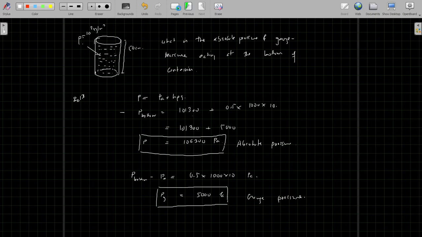So let us take the swimming problem once again. A person is swimming in sea water at a depth of 9 meters below the sea level. This you can try as homework.